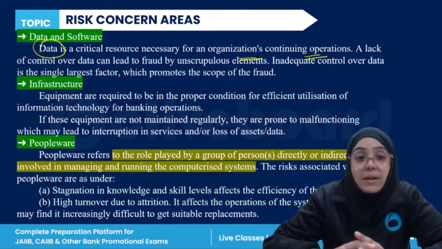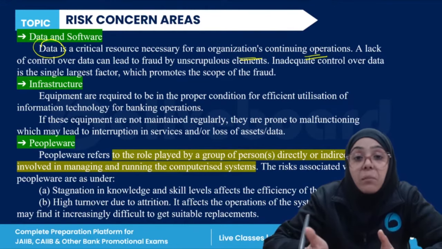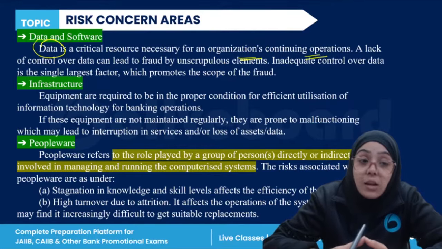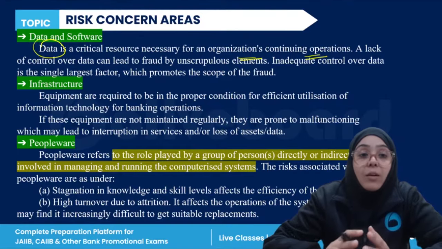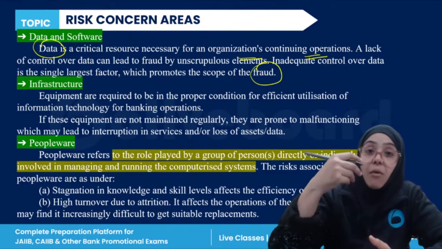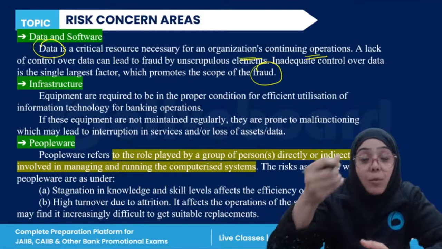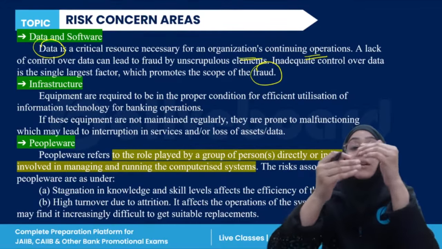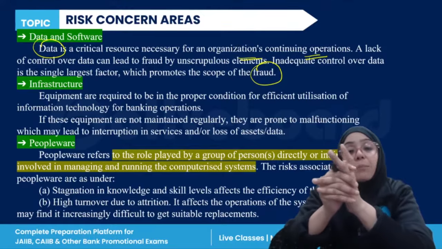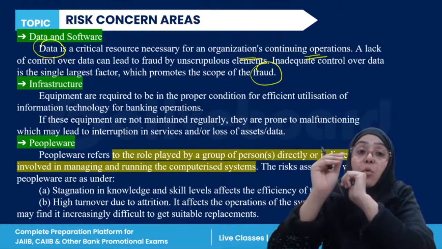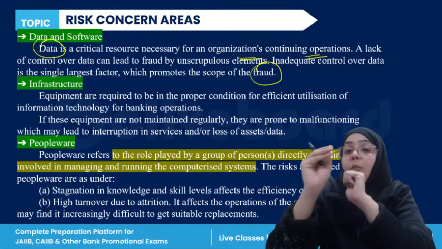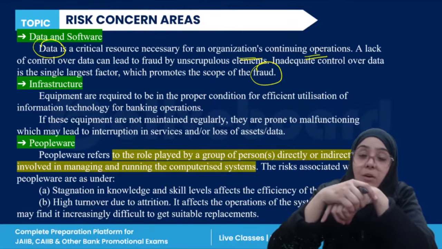A lack of control over data can lead to different types of frauds, right? Inadequate control over data is one of the largest factors which promote fraud. So you have to protect your data. There should be a security layer upon that data, because it is the most critical, most necessary source of an organization's operation, right?